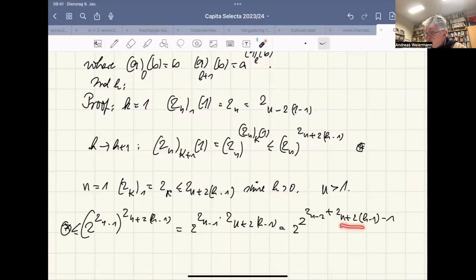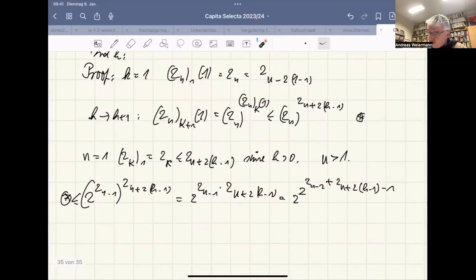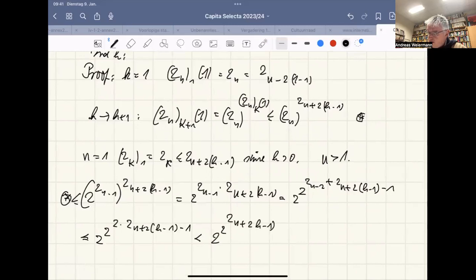Now this term here is bigger than this term here, because here we have an n minus 2 involved. K is bigger than 0. So this is bounded by 2 to the 2 times 2n plus 2k minus 1 minus 1. This is bounded by 2 to 2n plus 2k minus 1.